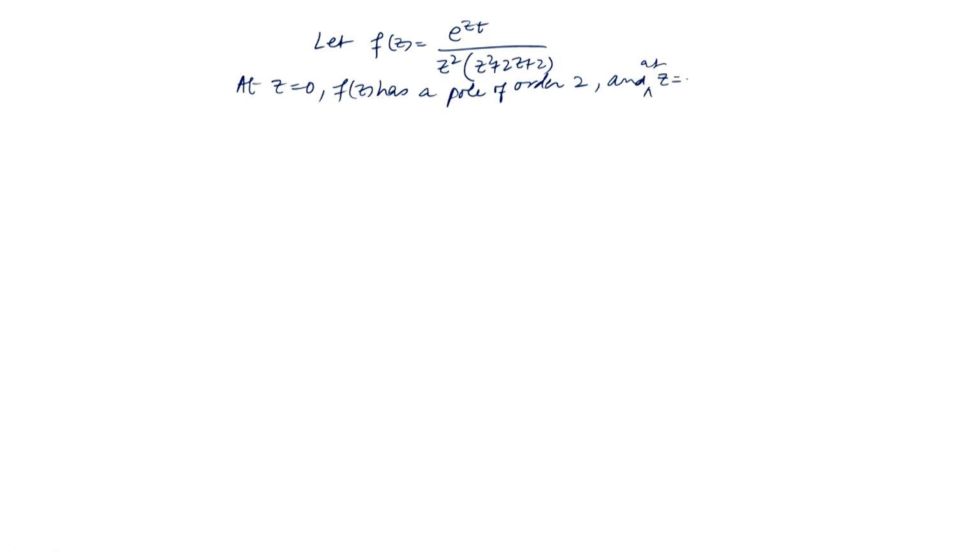Okay. So, we have f(z) equal to e to the power zt upon z square into z square plus 2z plus 2. At z equal to 0, f(z) has a pole of order 2, and at z equal to minus 1 plus minus i, it has simple poles.